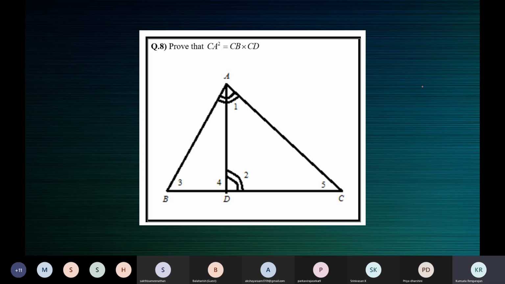You can see these curves indicate that these two angles are equal. I hope we understood that. So I've marked it like this, which means these two angles are equal.